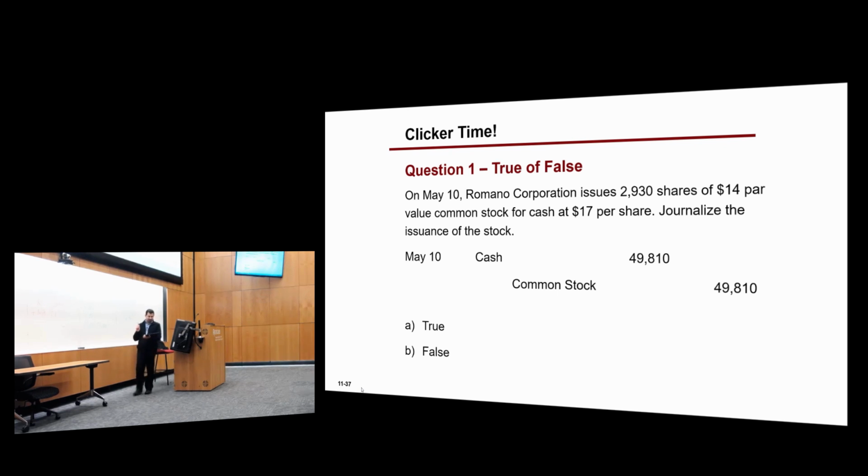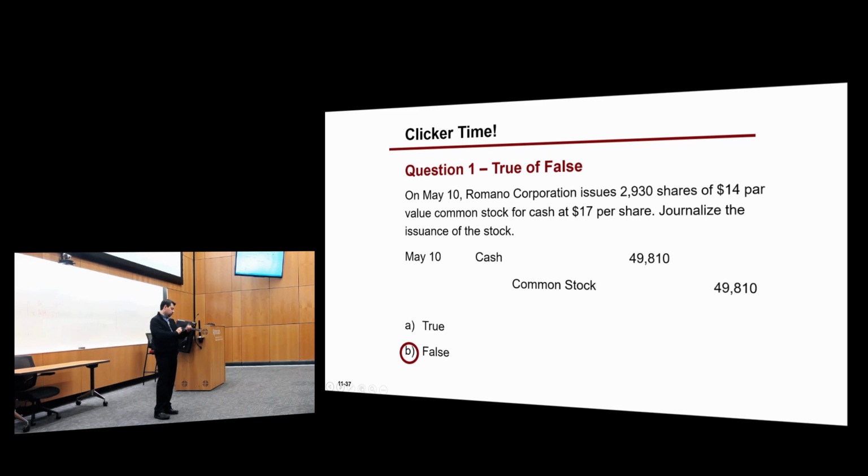Okay. So the company issues 2,930 shares of $14 par value. So the par value is $14. It is sold for cash at $17.